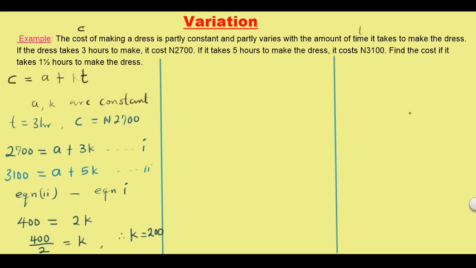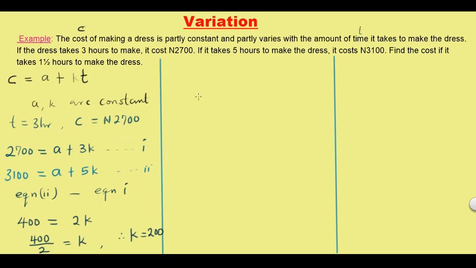Now that we know that k is equal to 200, it means the relationship of these two variables, the cost and time, we are getting closer to it. So if k is 200, we can actually now find the value of A. To get the value of A, we substitute the value of k into any of equation 1 or equation 2.